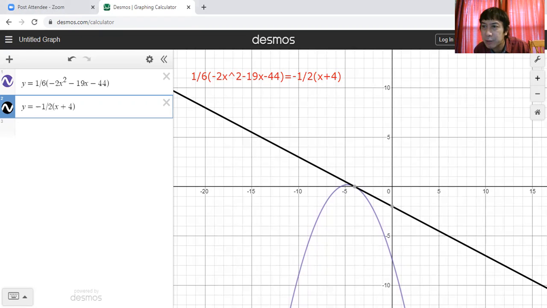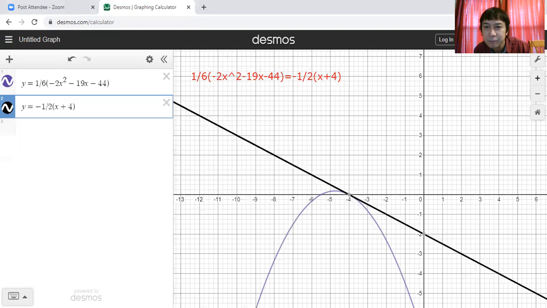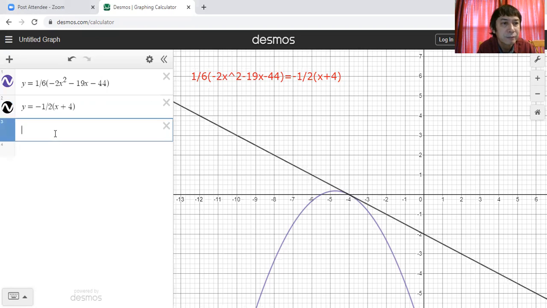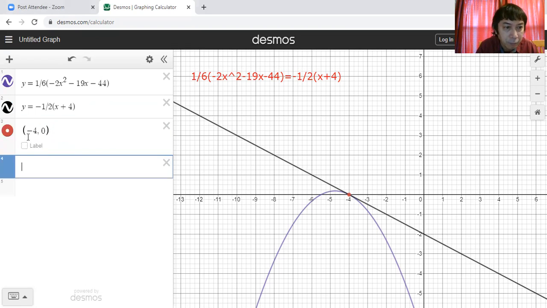Let's do adjustment on the screen. There, it will be much clearer. So it's -4, 0. Our point is at -4, 0. Put the labels. So our x is -4. That will be our answer.